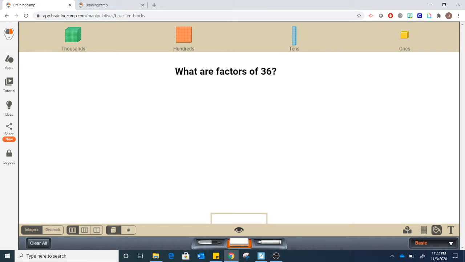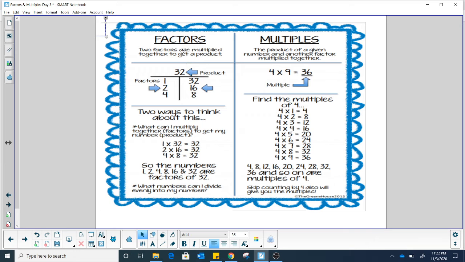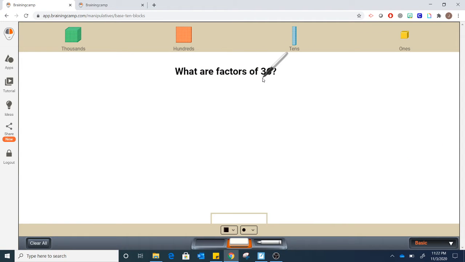All right, let's talk about this together. So remember, factors, if we go back, are two numbers that are multiplied together to find a product. So in this case, our product is 36. We want to know what numbers can multiply together to make 36.